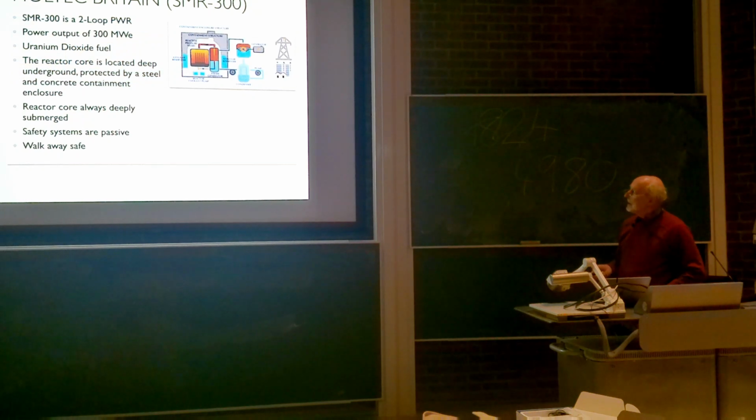Holtec Britain is proposing what they call SMR 300, which has an output of 300 megawatts. So same arrangement, reactor core, steam generator, and then a conventional plant to generate electricity. All sat within a pressure vessel and then containment around it. So nothing unusual.